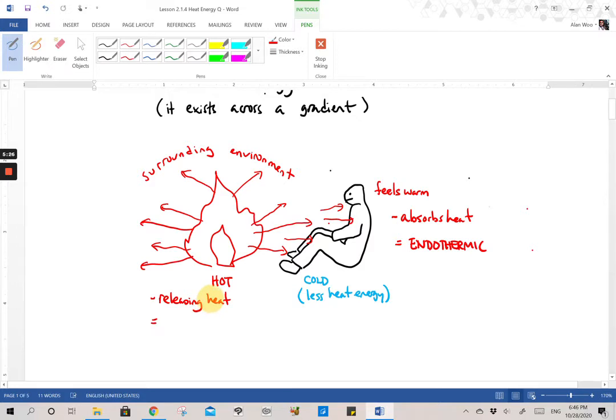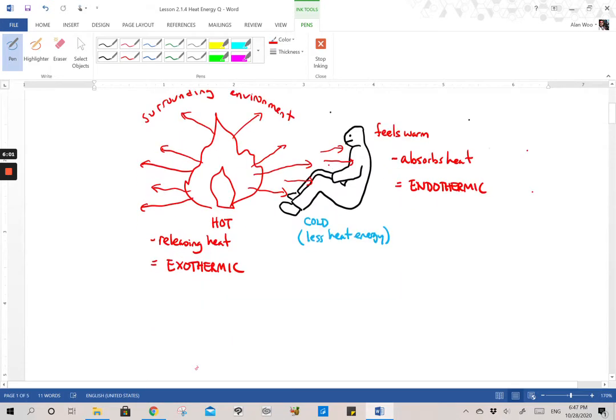This is called exothermic. I usually think of exo as in exit, so you're leaving something. So you have exothermic reactions and endothermic reactions. And these kinds of reactions exist naturally based on a heat gradient.